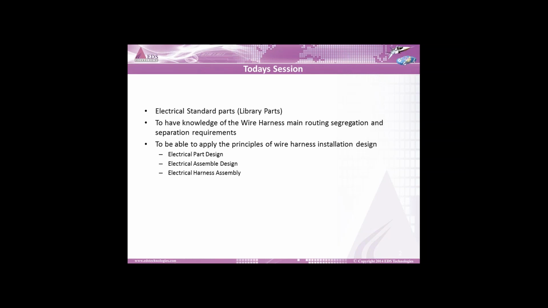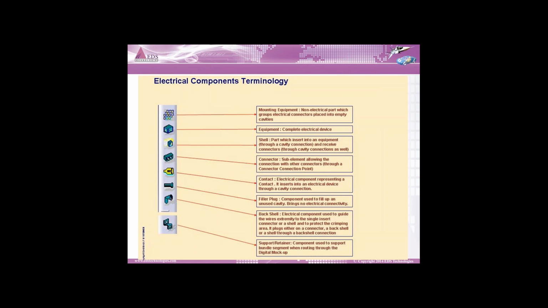So what we have today is the creation of standard components. When we talk about creation of standard components, it is about mounting equipment, shells, connectors, contacts, electrical components, back shells, and the support components.